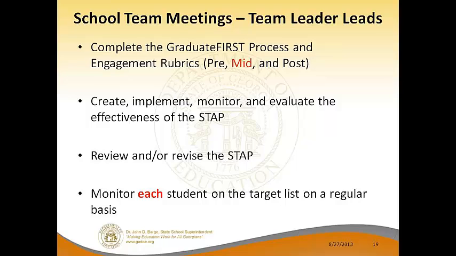And those two rubrics need to be completed as a pre and as a post. I believe some collaboration coaches are going to be also looking at both of those rubrics at kind of a midterm throughout the year, just to monitor progress and see where we are.